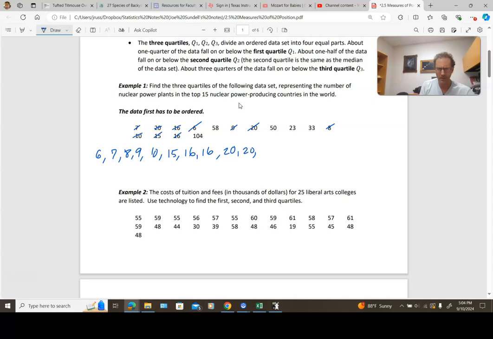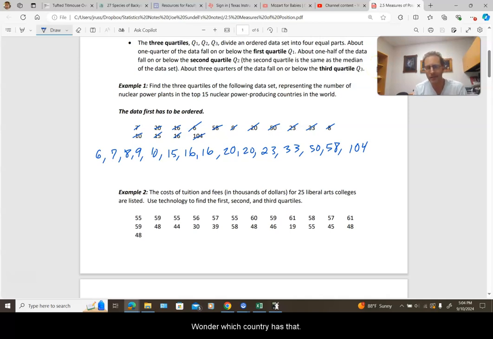Okay. A 23, a 33, a 50, a 58, and finally a 104. That 104 looks a bit like an outlier. I wonder which country has that.